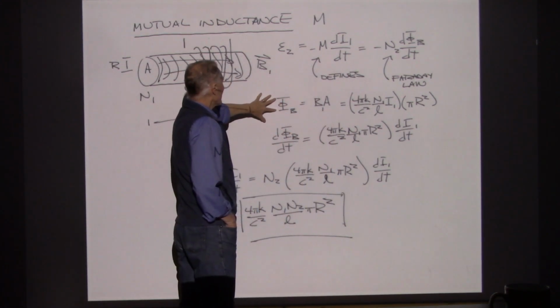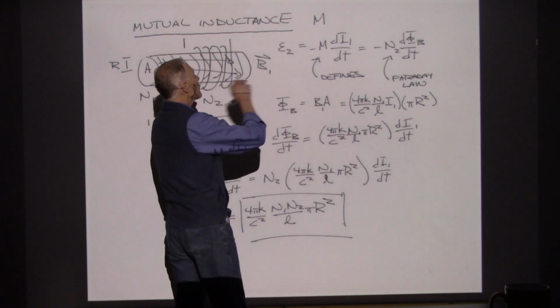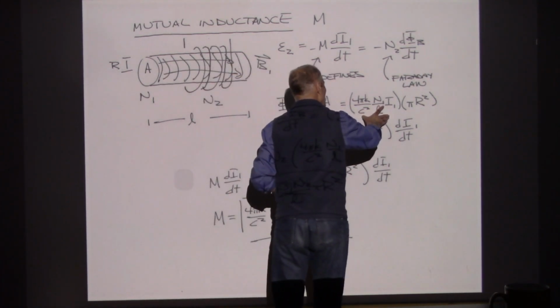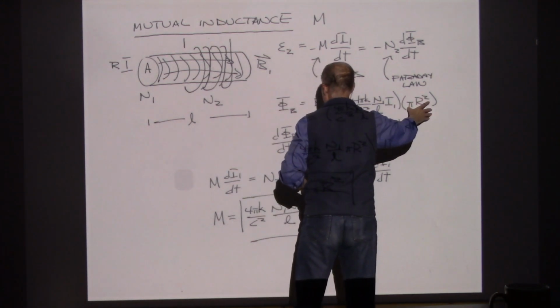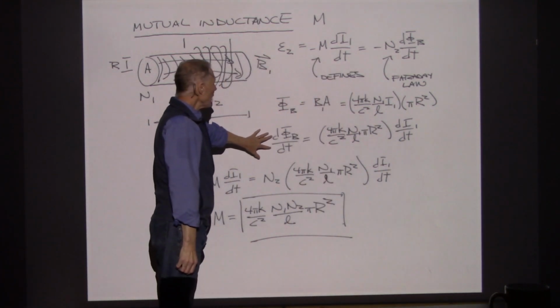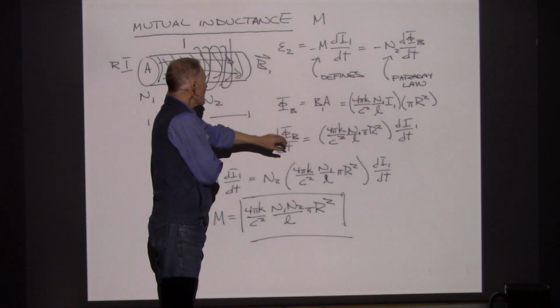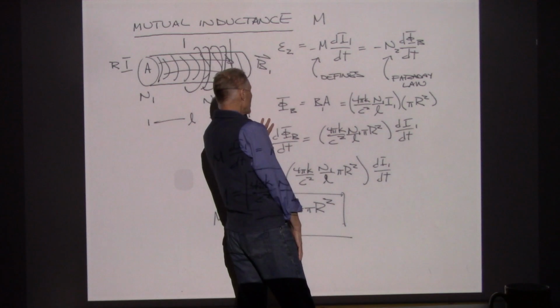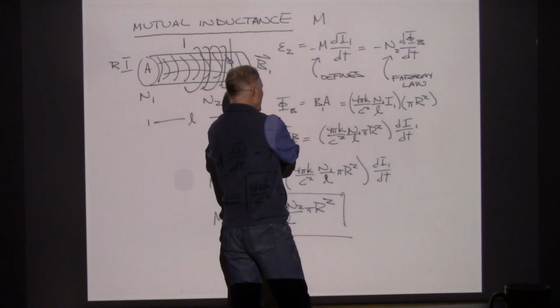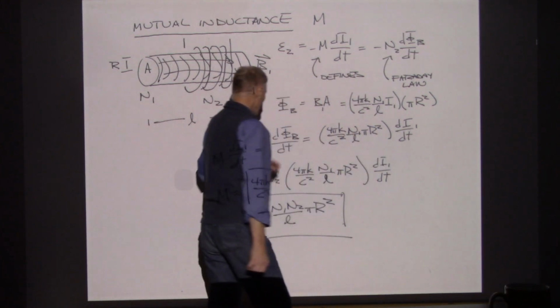So if I have a flux passing through here, that is the magnetic field due to the first set of loops times the area. Now the flux that's being generated inside of the magnetic flux, or the change in flux, the time derivative of the flux, is proportional to the time derivative of the current.